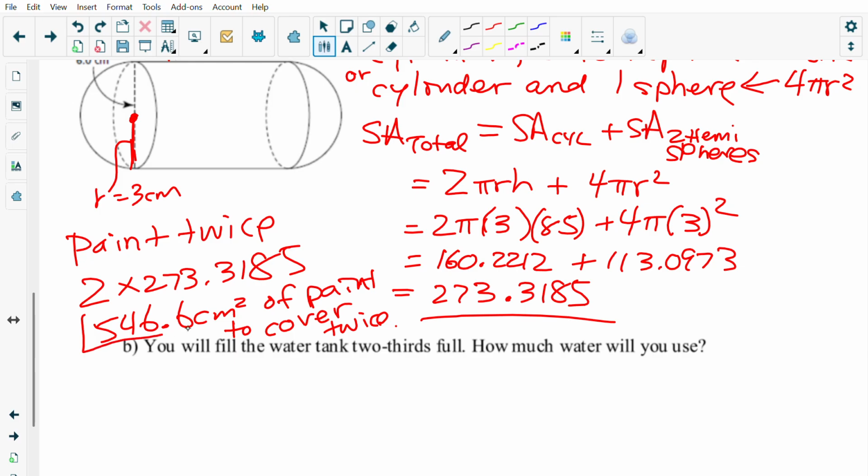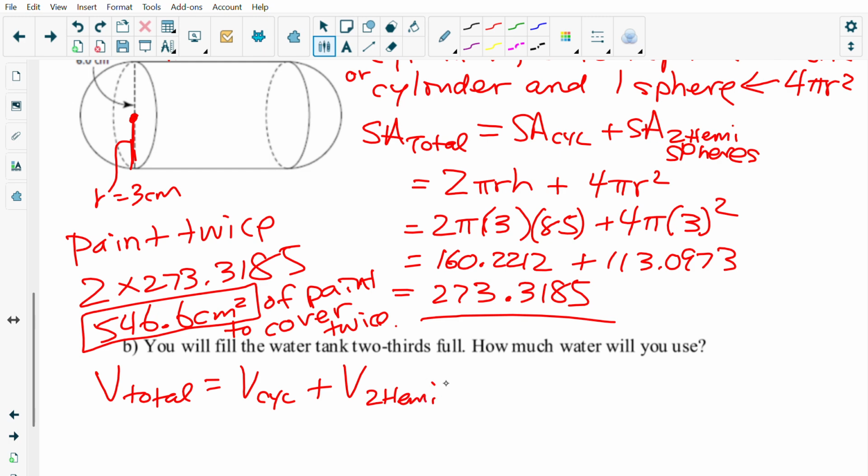Okay, that's the surface area. Let's do the volume. You'll fill the water tank 2/3 full. How much water will you use? So volume of the cylinder. Volume total equals volume of the cylinder plus volume of two hemispheres.